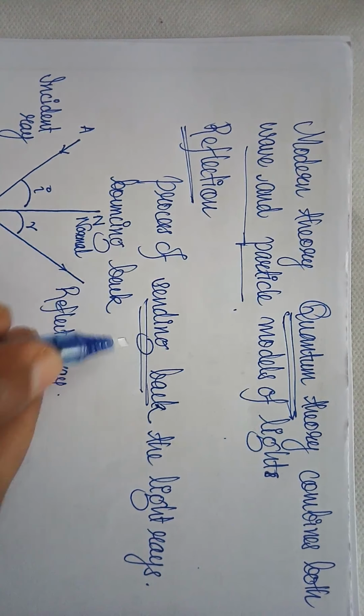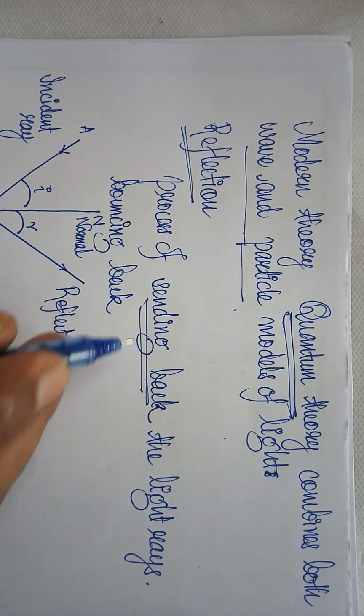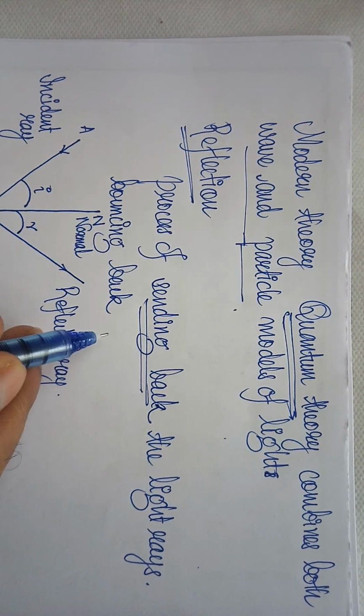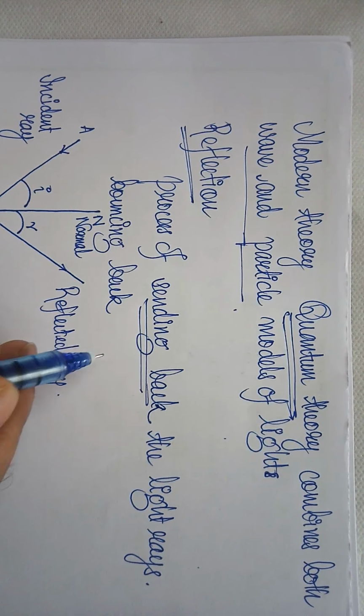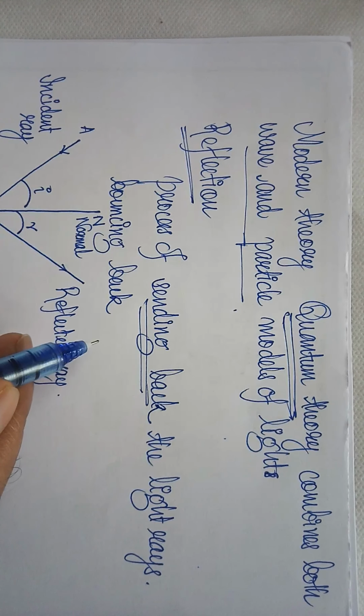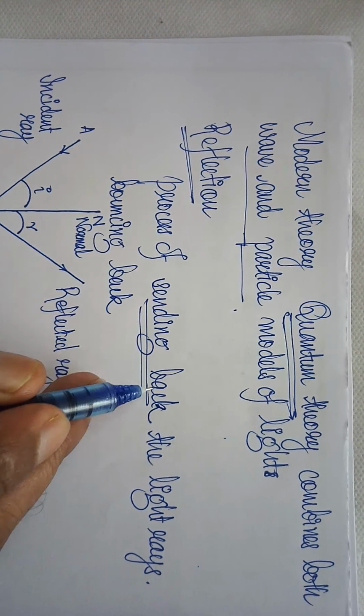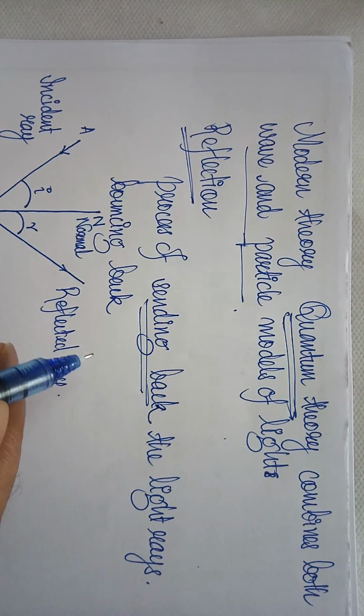Whenever light falls on a polished surface such as a mirror, it gets reflected back in the same plane in which it was incident. Bouncing back of light after striking a polished surface is called reflection of light.